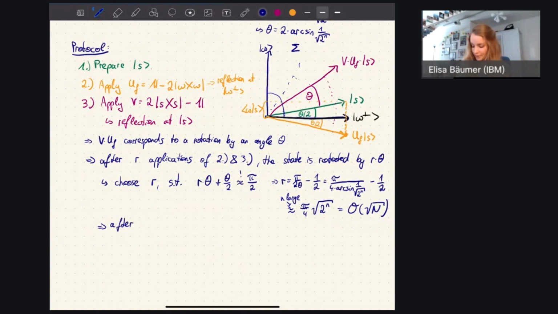So after R calls to the oracle, the final measurement will result in state W with a minimal probability.